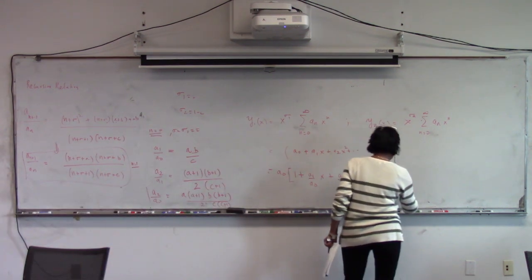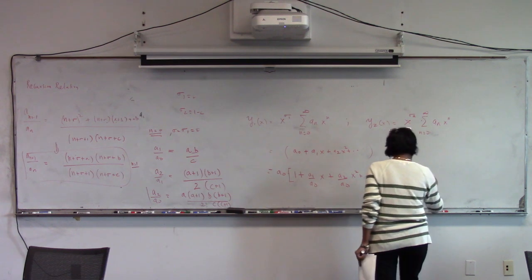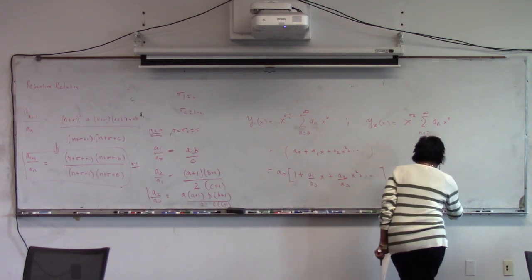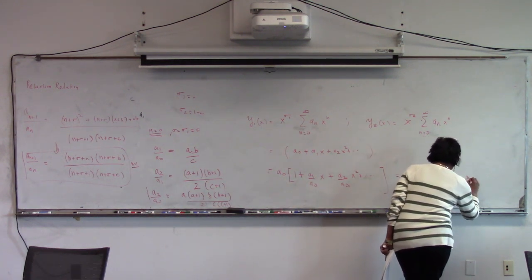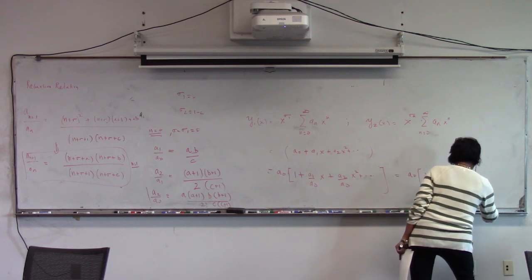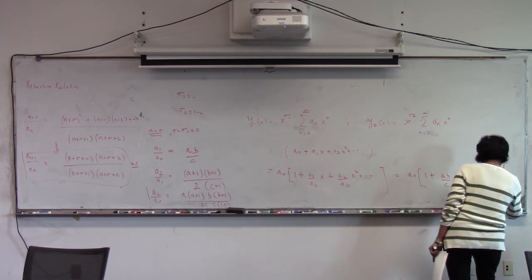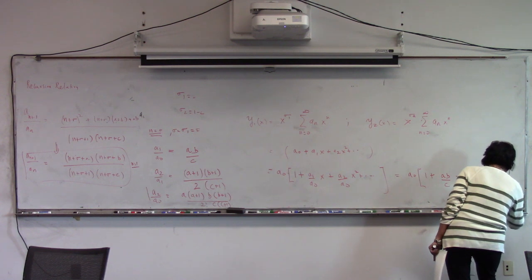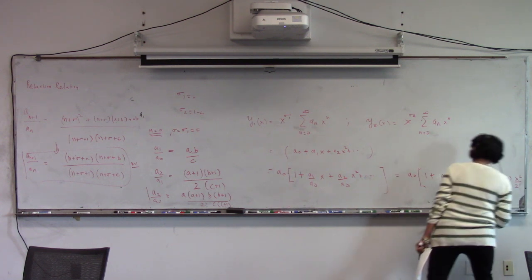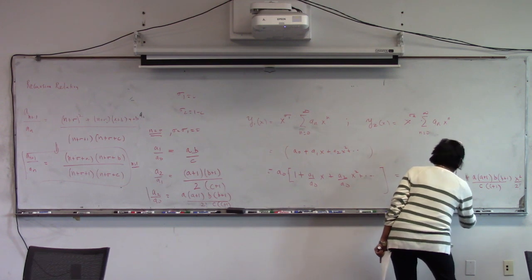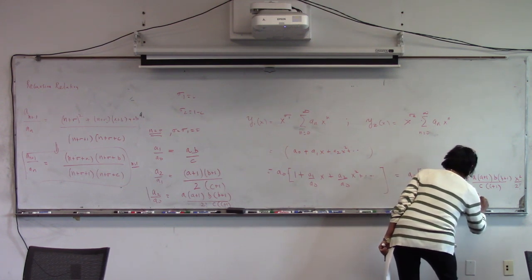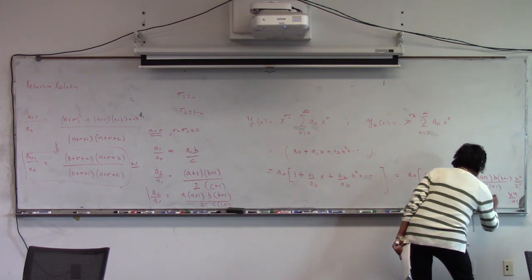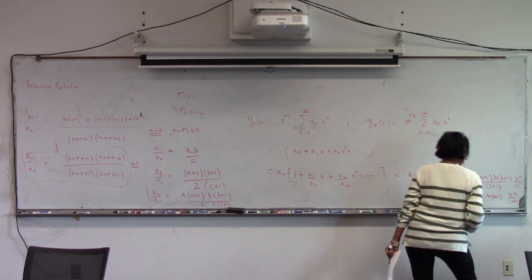So this expression looks like a naught times 1 plus ab over c times x, plus a times a plus 1, b times b plus 1 divided by c times c plus 1, x squared over 2 factorial, plus the nth term would be a times a plus 1, and you can keep on adding, x to the power n over n factorial.